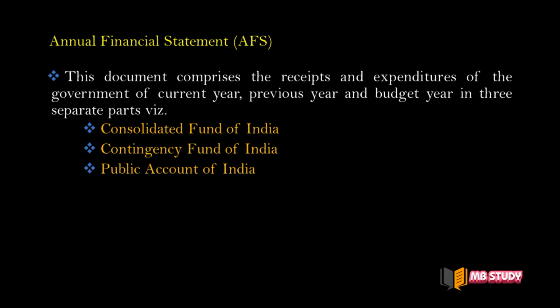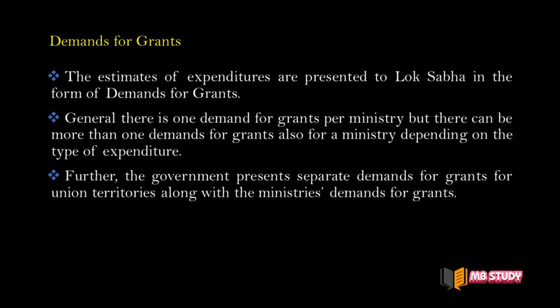Annual Financial Statement, AFS. This document comprises the receipts and expenditures of the government of current year, previous year, and budget year in three separate parts. They are: Consolidated Fund of India, Contingency Fund of India, Public Account of India. Demands for grants. The estimates of expenditures are presented to Lok Sabha in the form of demands for grants.